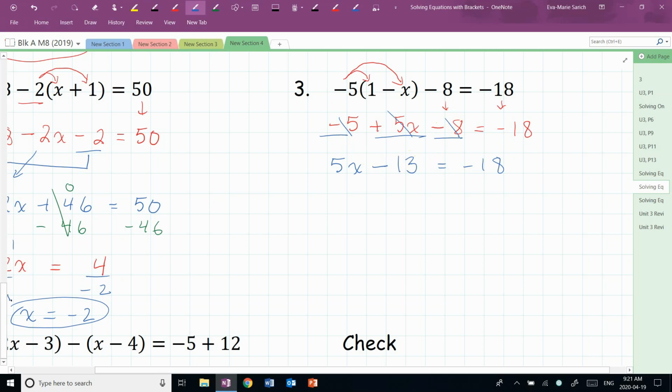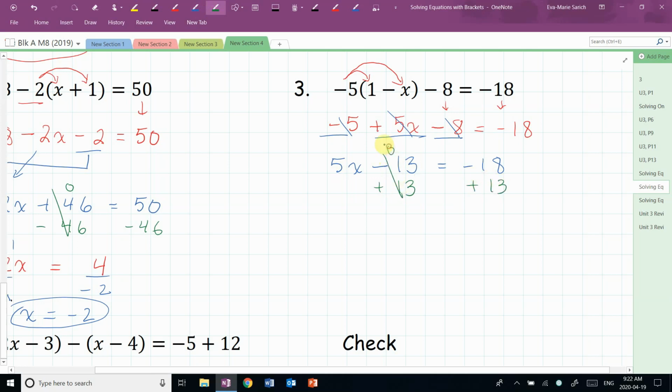Now, our variable is on the left, so we don't have to worry about flipping. We have to get rid of the 13 and the 5. Well, in fact, it's -13. We get rid of the add number first, or the subtract number. So we're going to do the opposite of subtract 13. We're going to add 13. That means same to the right, add 13.